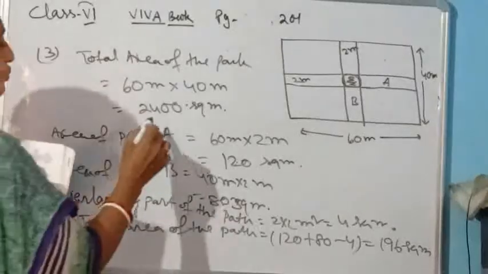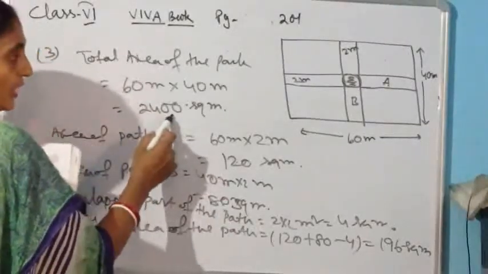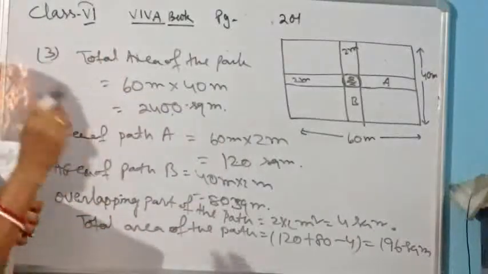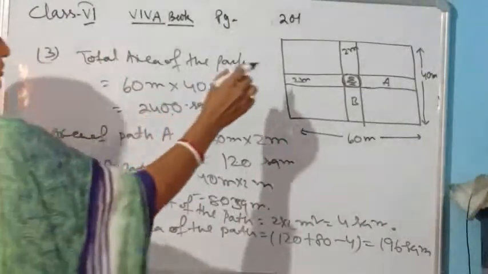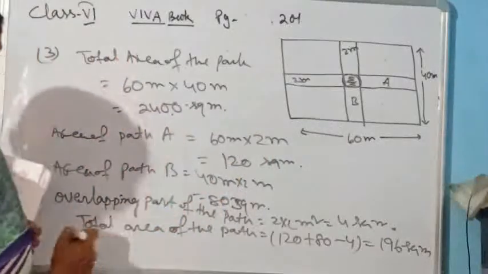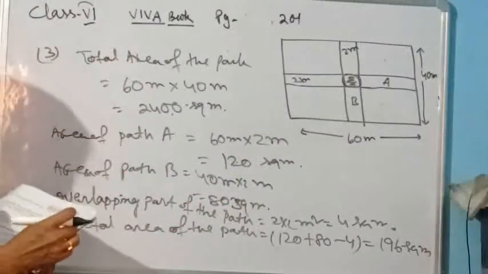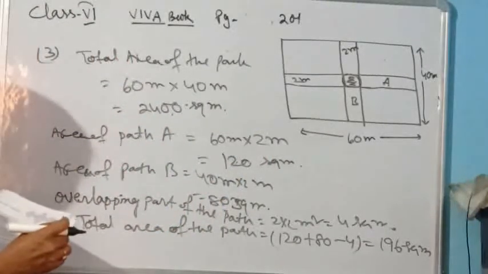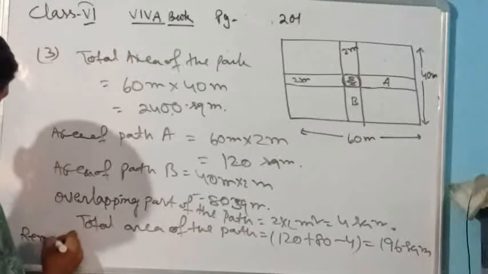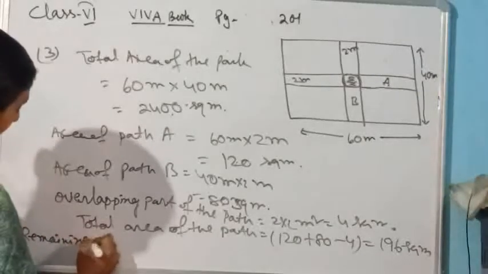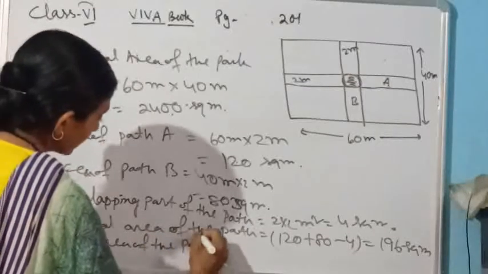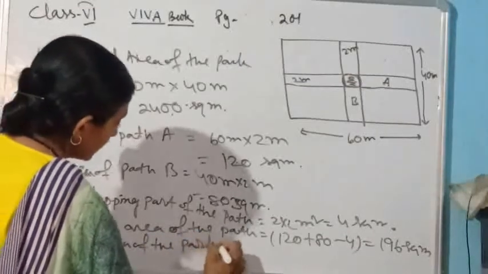Now, from the total area of this rectangular park, I am going to remove the total area of the path, and the area we get will be the free part of this rectangular park. So now we have to find the remaining area of the park. Remaining area of the park is equal to what?